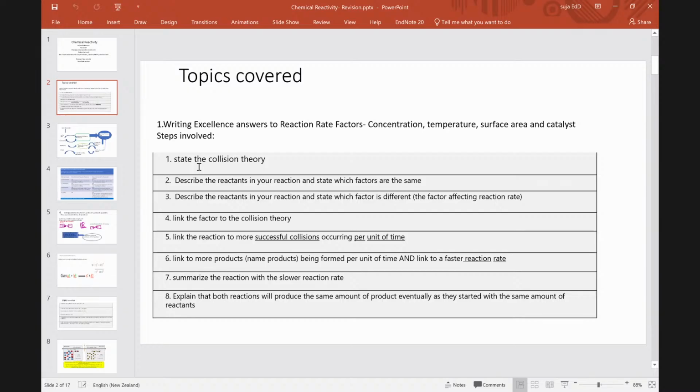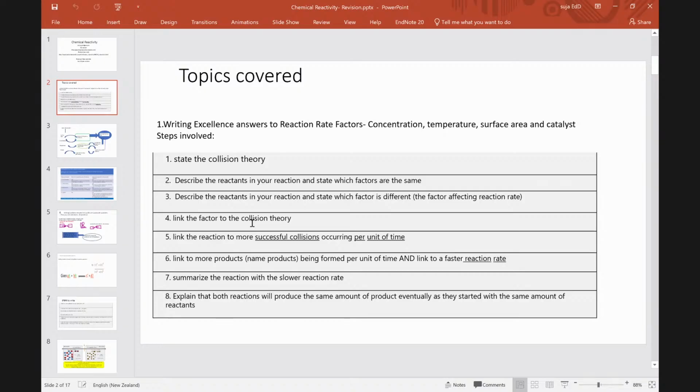Also, what are the things taking part in the reaction? What are the factors affecting them? Is the temperature being increased or decreased? Or is it the concentration that is increased or decreased? Or is it the surface area? Typically in surface area, they go from chunks to a powdered form. Then link the factor to the collision theory.